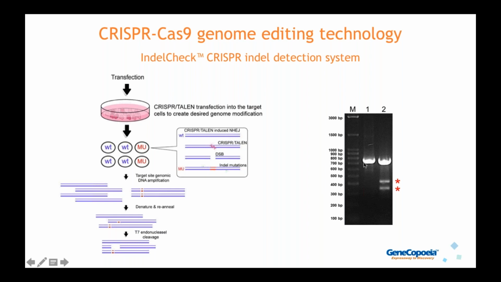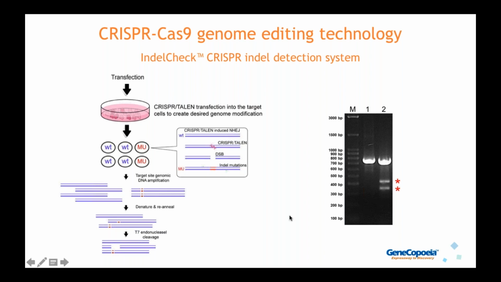Okay, lane 1 shows the PCR product that is undigested, and lane 2 shows the PCR product after this melting and reannealing step and digestion with T7 endonuclease 1. We get two bands, shown by these asterisks, of the predicted size, which tells us that we had a successful repair event.